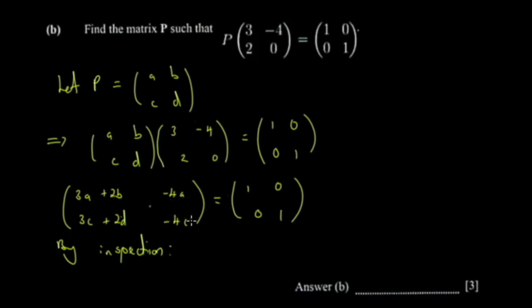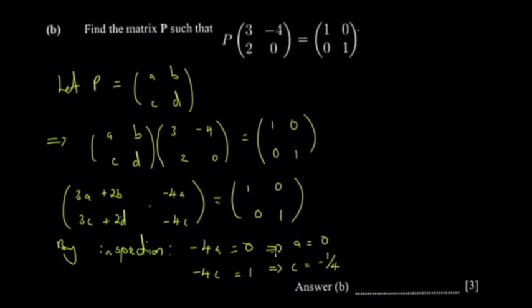So by inspection, you get negative 4A equal to 0. These ones would be easy. So obviously A would be equal to 0 here. Then negative 4C is equal to 1, so C is equal to negative 1 over 4.